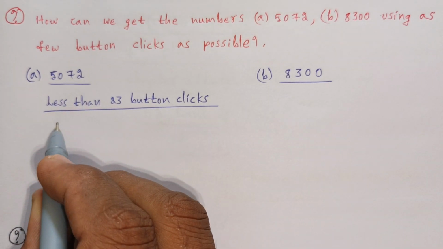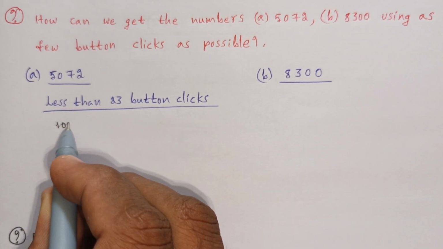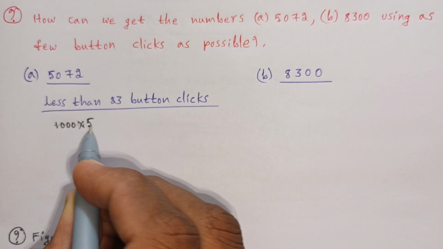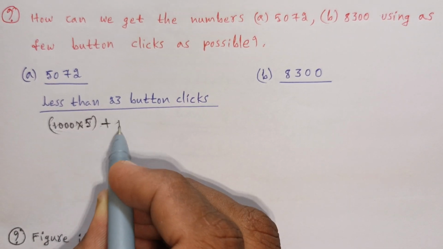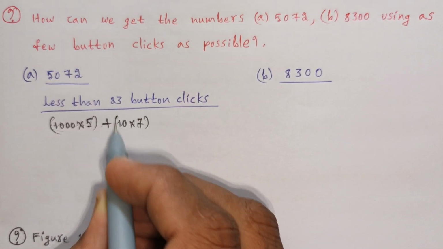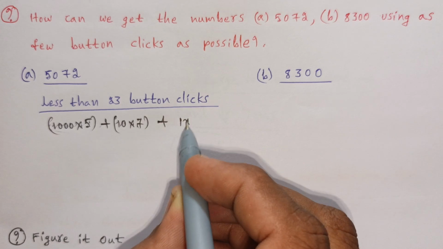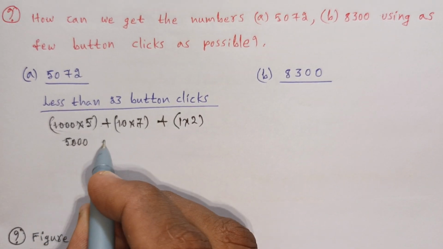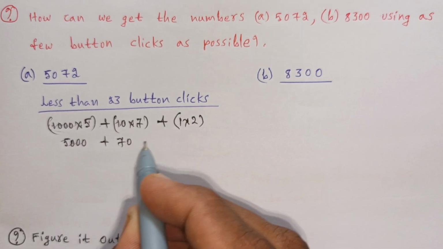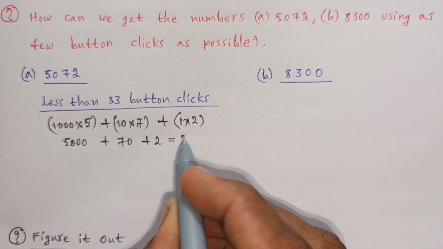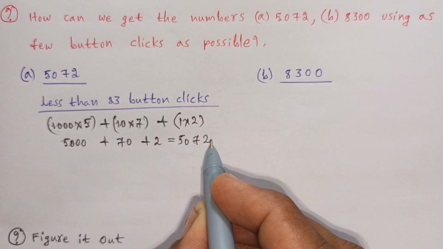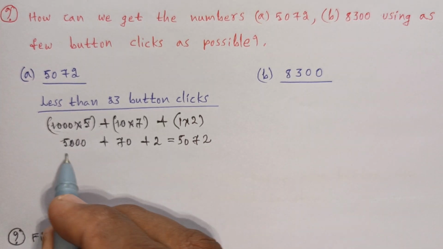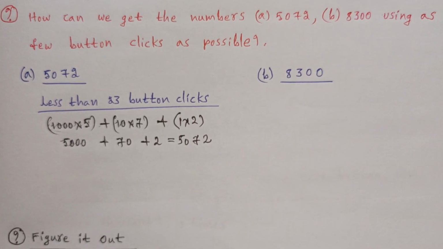So for that purpose I am trying this combination. 1000 I am multiplying 5 times, then 10 7 times, then plus 1 button twice. So here we get 5000 plus 70 plus 2. So 5072.